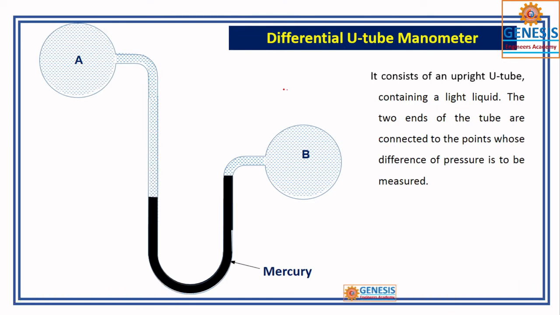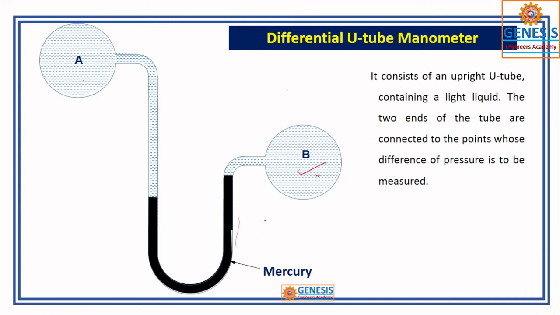This is how the mercury rises. The mercury column rises here towards this side. Why? Because the pressure inside pipe A is more than in the other pipe. If this pressure is more, this column will move up and the other column will come down.